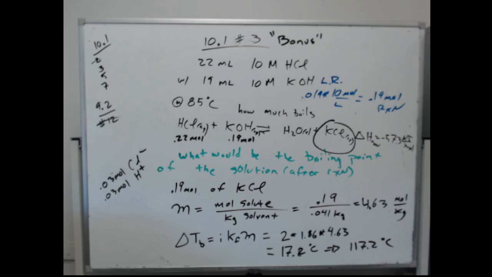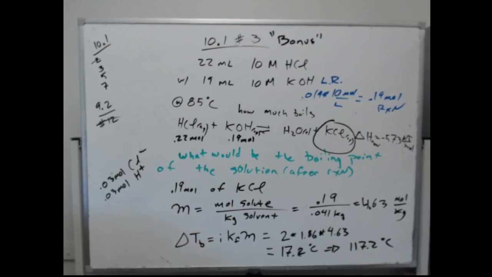In this situation, the boiling point is changing pretty significantly. And that's without taking into account the extra moles of HCl that's left over, which is also going to have an entropic effect. That's just with the KCl that's being produced, those ions in solution. Pretty wild. But good reminder of how we think about boiling point change.